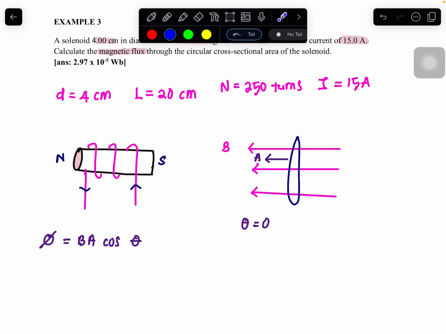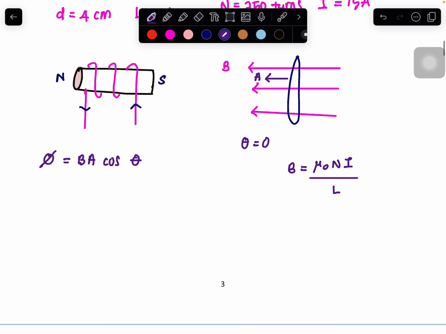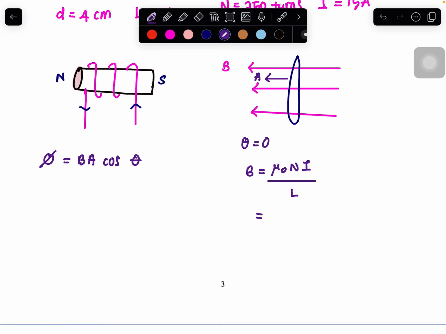We can find it using a formula that we learned in the previous chapter, where the magnetic field for a solenoid, you can double check the formula, is mu naught Ni divided by the length. This formula is from the previous chapter, chapter 4. So from here we can find the magnetic field first.